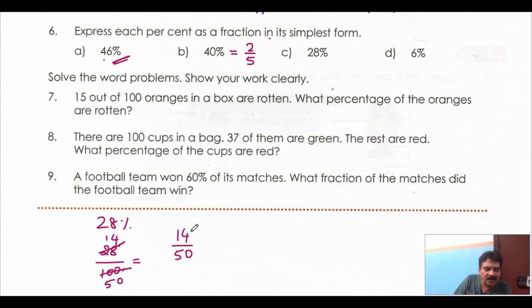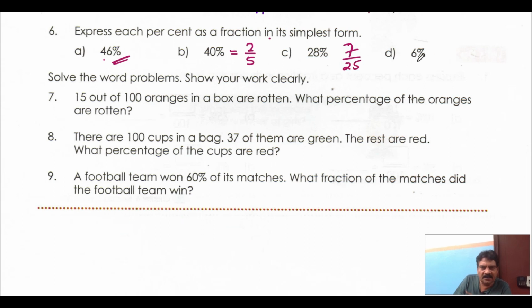Here in the ones place, in the numerator you have 4, in the denominator you have 0, so 2 7s are 14, 2 25s are 50, so it becomes 7 by 25. Now 7 and 25 are not going to cancel in any table, so that's why 7 by 25 is your simplest form. So the answer for this is 7 by 25.